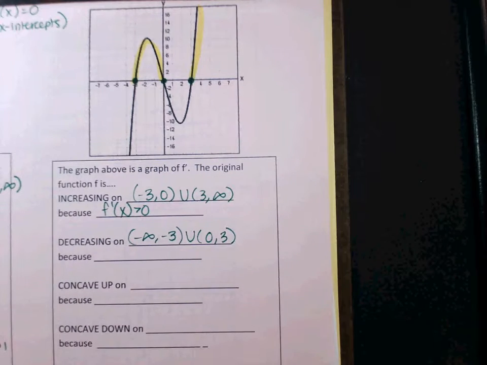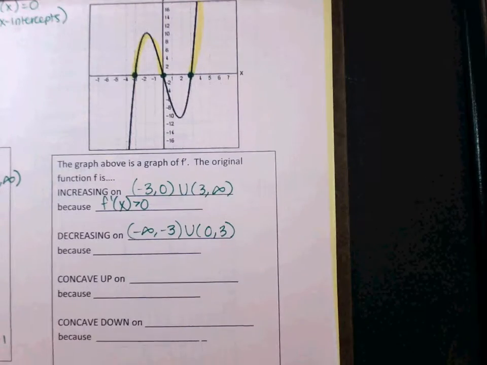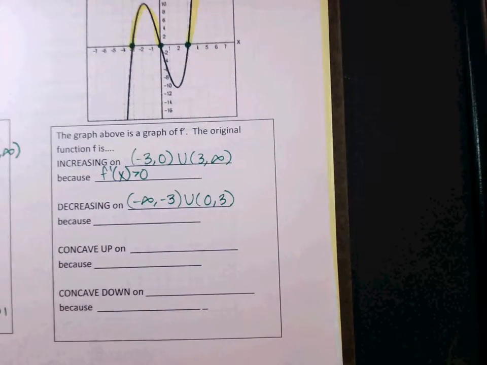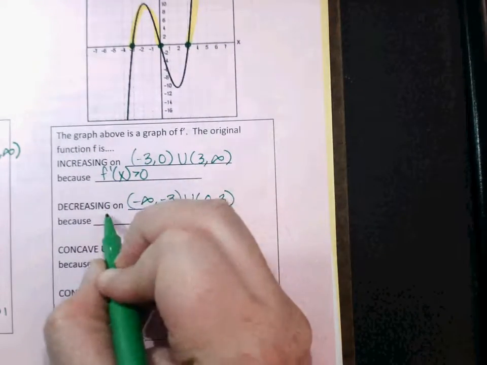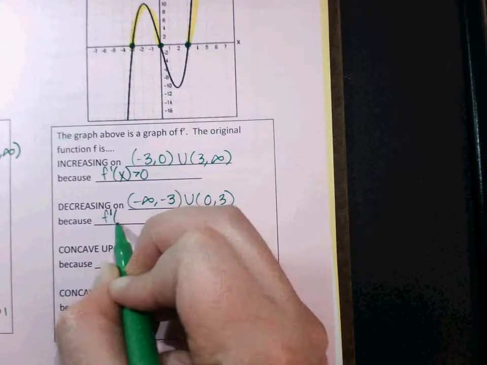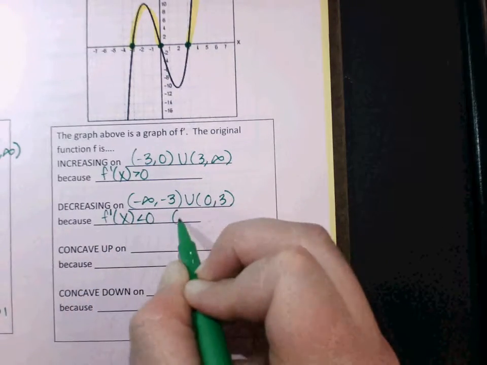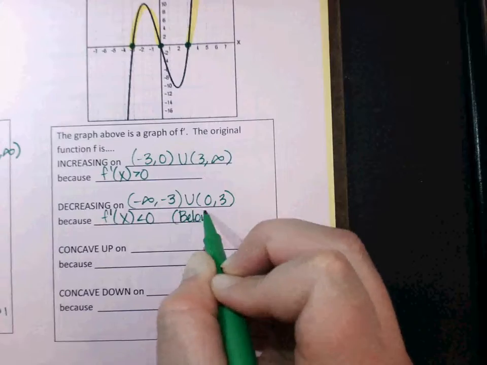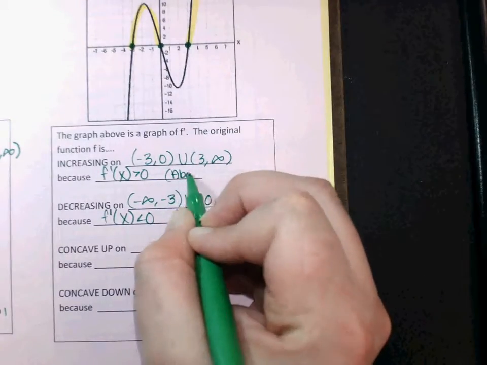Very good. Now, someone in the other class was asking, what if I use a bracket? Doesn't matter. They'll accept either one. Open is technically more right, but it doesn't really matter. And what would our because be there? Because it's less than 0. And remember, that means below. This one means above.